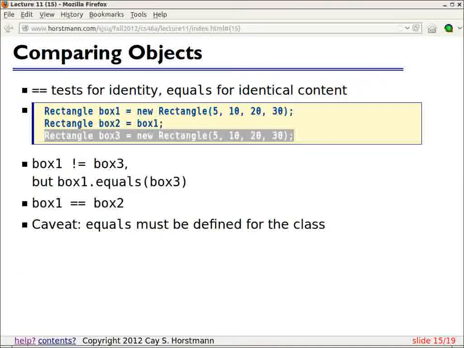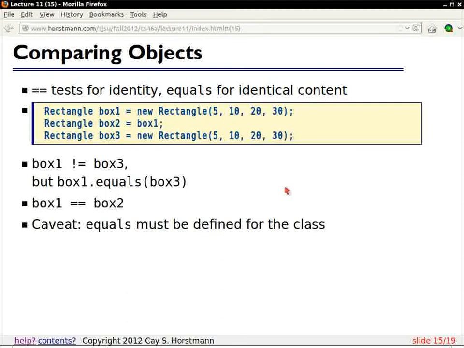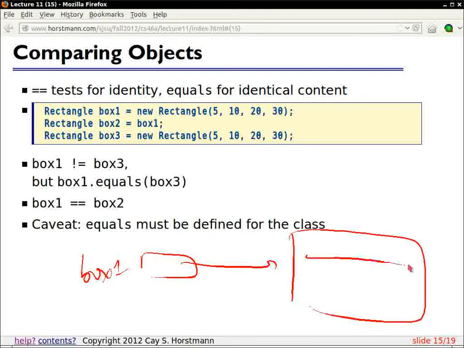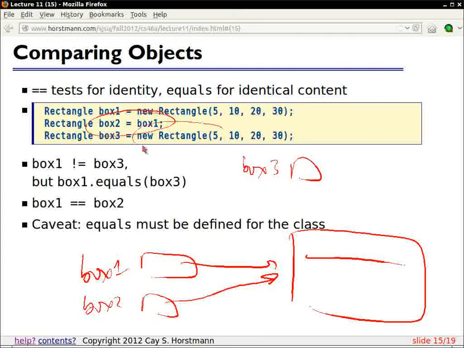So when you look at the code here, over here we have a variable box 1. It points to this little blob here of that first rectangle. We now have box 2, and they point to the same thing, because when you make this assignment, you just copy over the addresses. Now box 3 was hooked up to a newly constructed different rectangle.